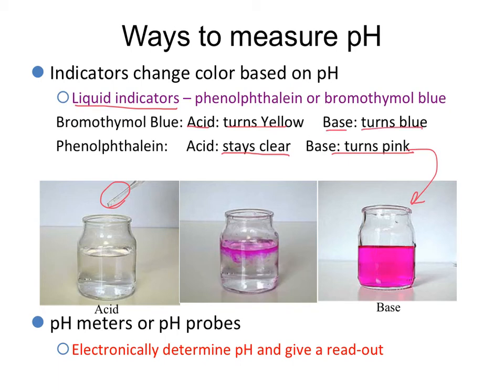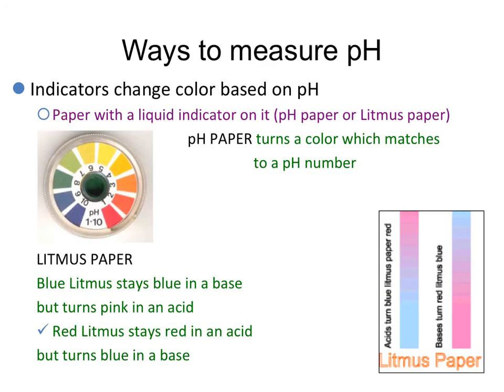We also have pH meters or pH probes, which electronically determine the pH and give you a readout, and then you can actually use that number line to predict whether something is acidic or basic as well. Lastly, we have paper indicators, and the two paper indicators that we're going to be using are litmus paper and pH paper.